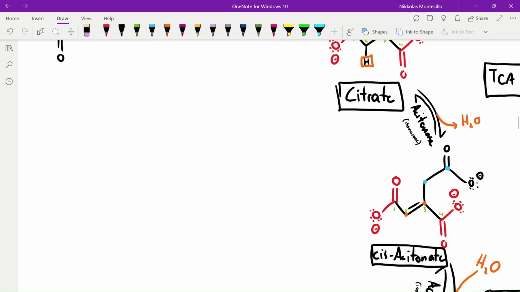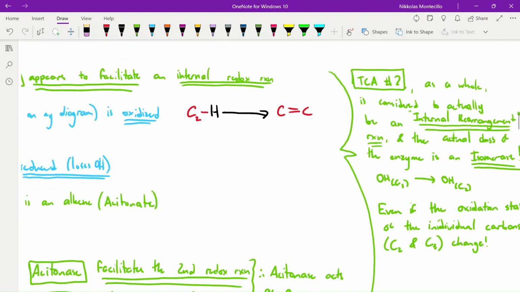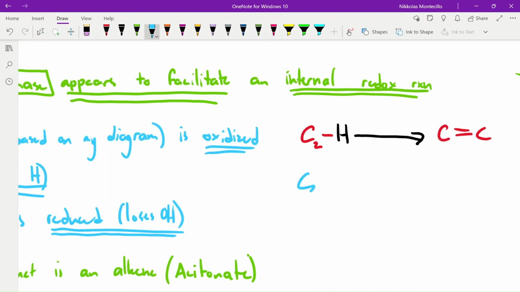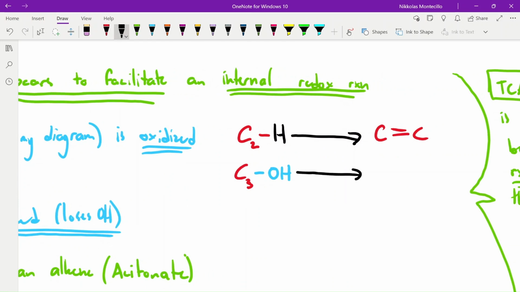Conversely, carbon number 3 is originally attached to a hydroxyl group, where the oxygen owns those electrons, but because a double bond is formed, C3 now owns 2 more electrons than it did previously.